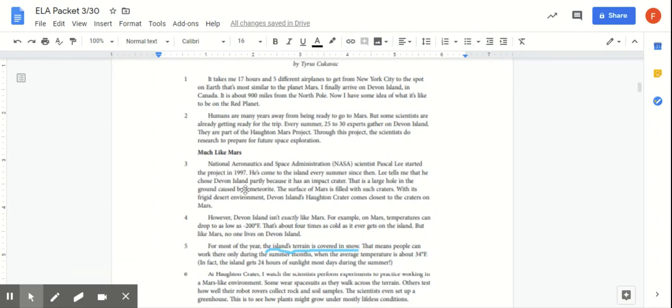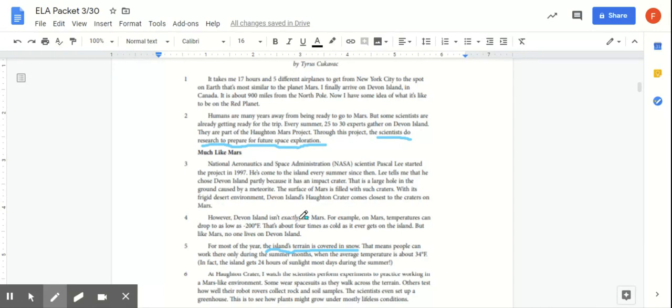So now I'm going back into the text to find that evidence. I know that the Hot and Mars project is where scientists do research to prepare for future space exploration. So I'm going to look at my options and figure out which is the best that would explain that.